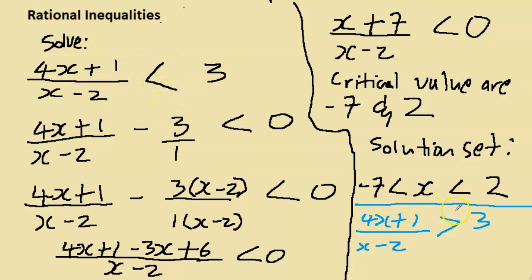The critical values will be the same, but because it's a greater than situation here, the solution set is x greater than the higher value, or less than the smaller value. In other words, any value that's greater than 2 would satisfy this inequality, and any value that's less than negative 7 would satisfy this inequality.